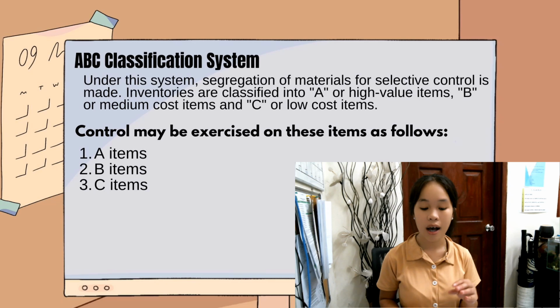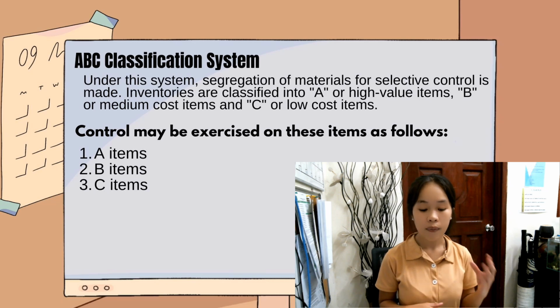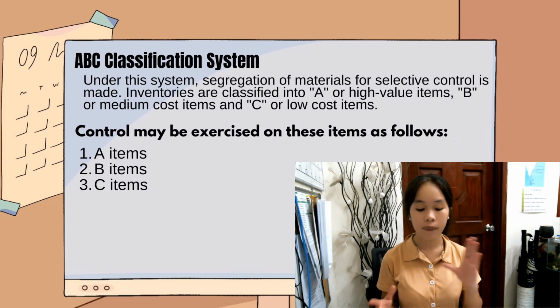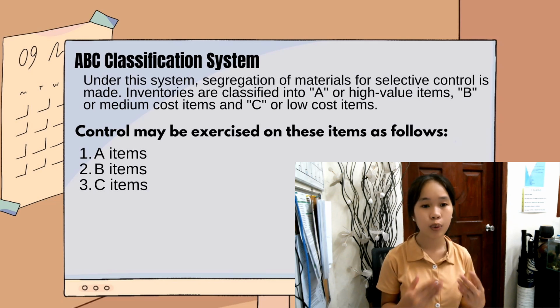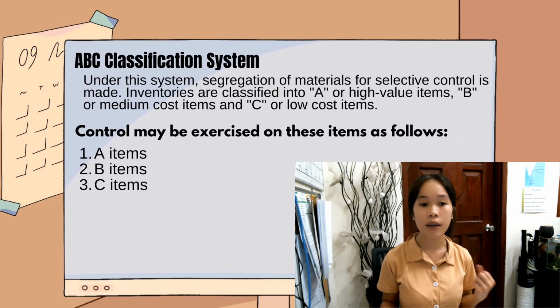A items get the highest possible controls, including the most complete, accurate records, regular reviews by the top supervisor, blanket orders with frequent deliveries from the vendor, close follow-up through the factory, or reduced lead time. Careful, accurate determination of order quantities and order points, with frequent review to reduce if possible.